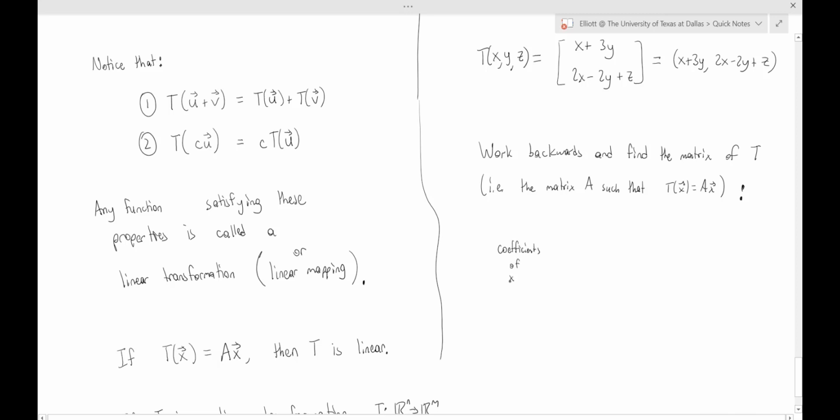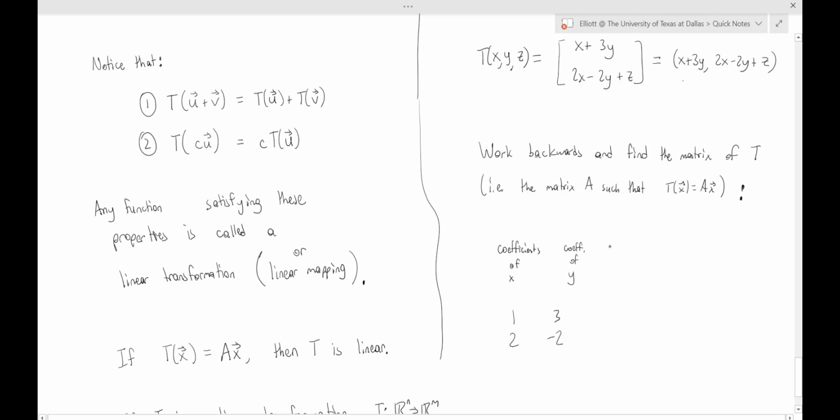So say the coefficients of x were 1 and 2. Likewise, if you look at the coefficients of y, they were 3 and -2.